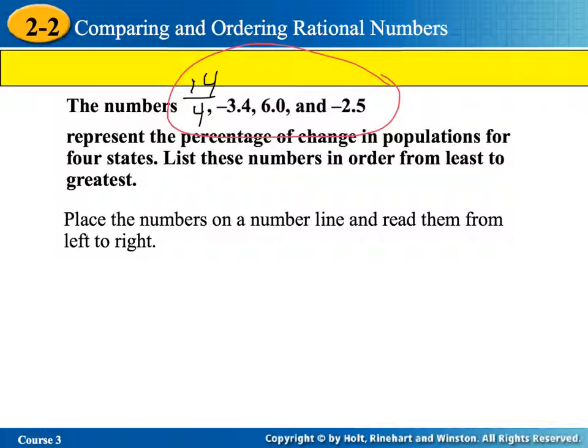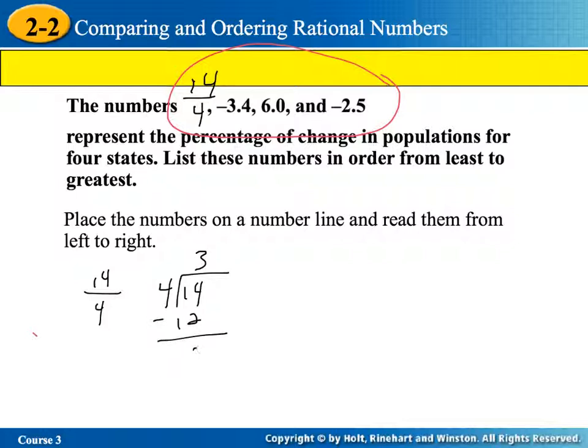All right. So if I look at this, notice I have 3 decimals and I have 1 fraction. So what's the easiest way to do this? Well, to make that fraction into a decimal. That would just be easiest for me. So when I do that 14/4, I'm going to take 4 into 14. How many times does 4 go into 14? 3 times. 3 times 4 is 12.